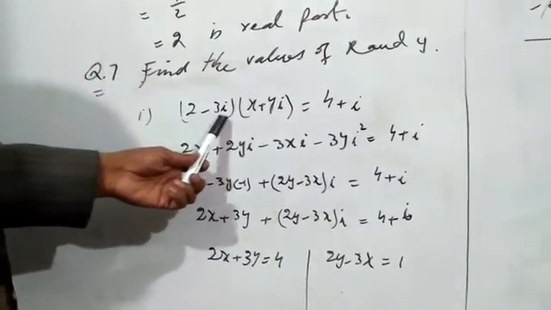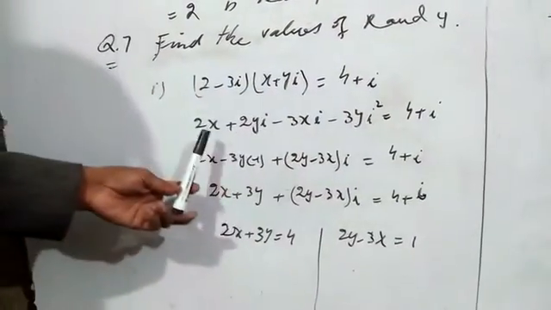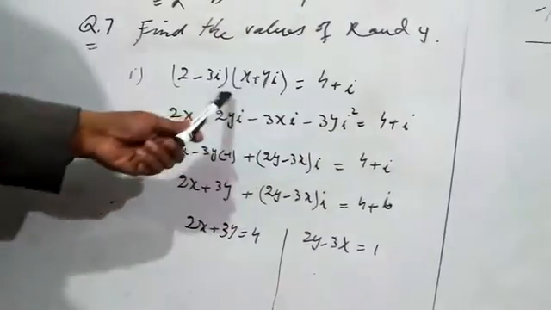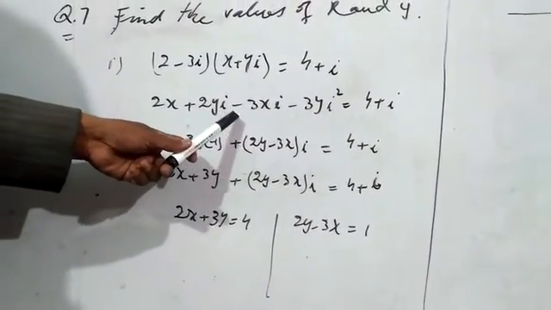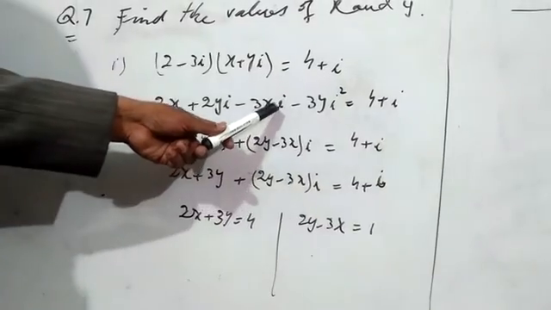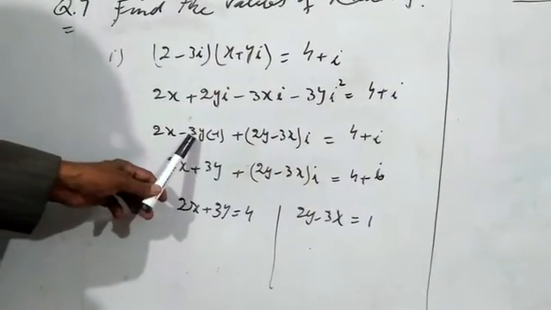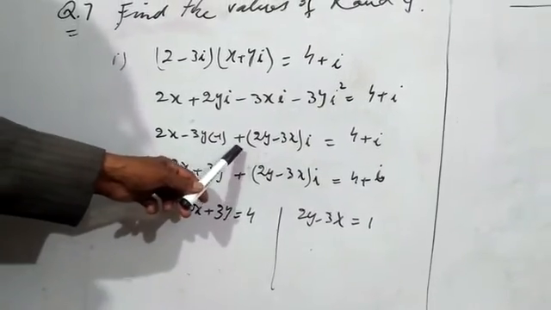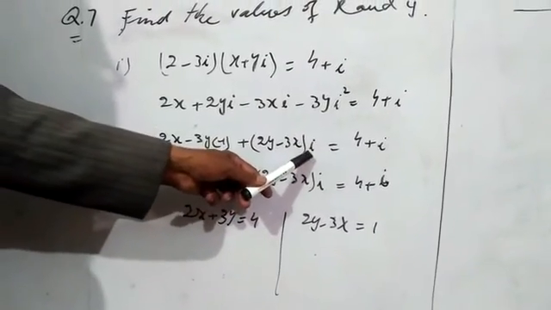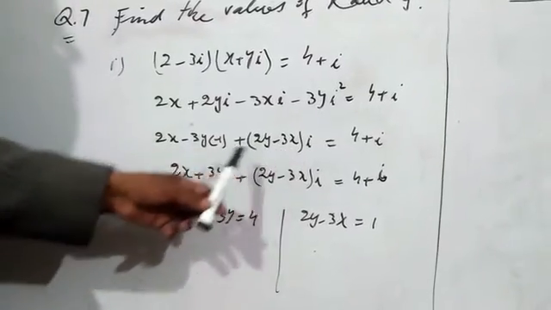In question number 7, find the values of x and y, where 2 minus 3 iota into x plus y iota is equal to 4 plus iota. This is the product of two complex numbers: 2x plus 2y iota minus 3 iota x minus 3y iota square. So 2x minus 3y into minus 1, which is the value of iota square, plus 2y minus 3x into iota, by taking iota common. This is the real part and this is the imaginary part.